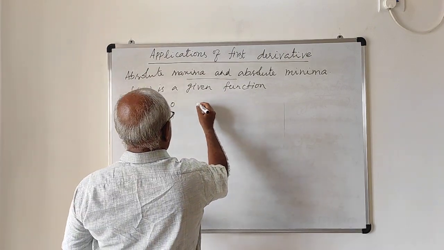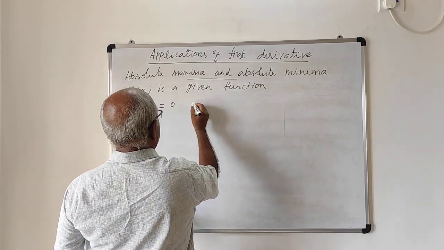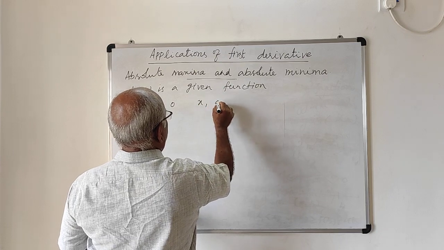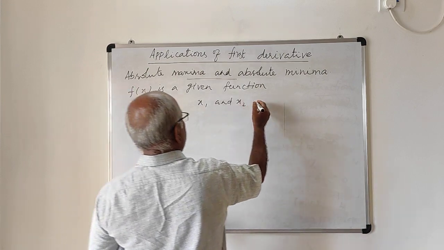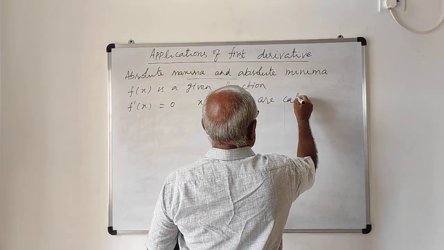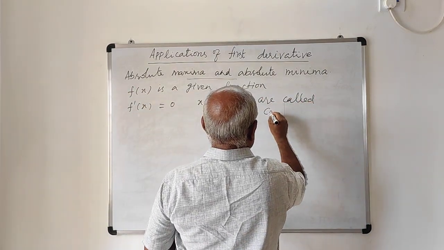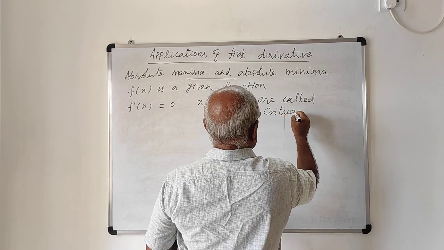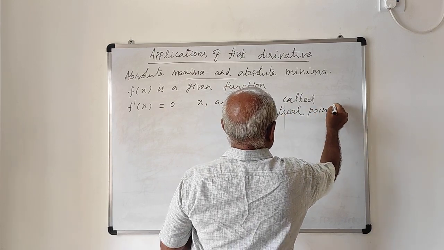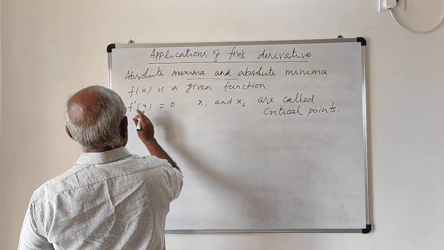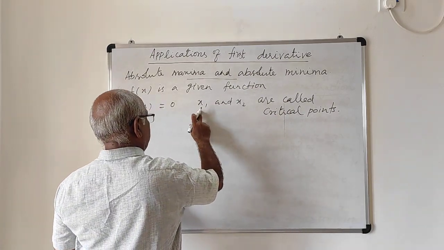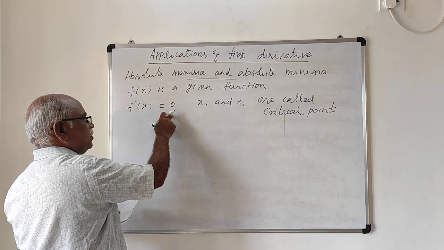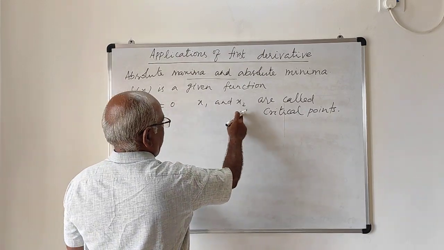If you equate it to 0, you will get two values, x1 and x2.